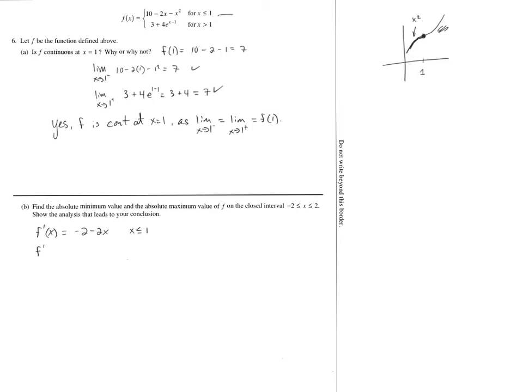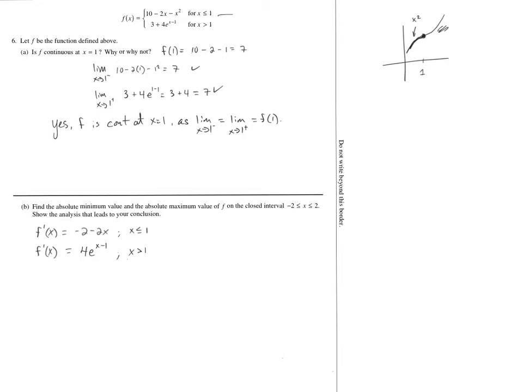And then f prime of x is the derivative of the exponential part. The derivative of 3, of course, is 0. The derivative of 4e to the x minus 1 is just 4e to the x minus 1 times the derivative of the exponent. Well, the derivative of the exponent is just 1. So we're in business there. So it's just going to be 4e to the x minus 1, and that's for x's that are greater than 1.